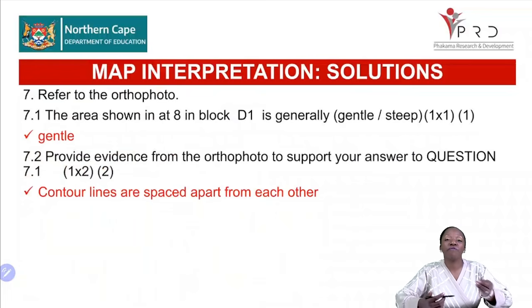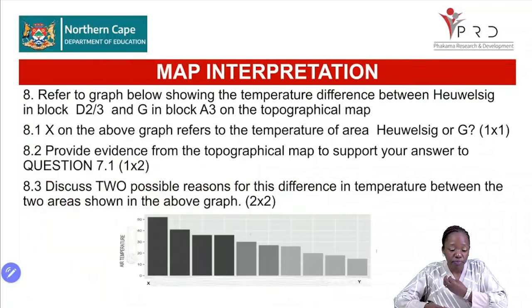We have learned from grade 8 as well as grade 9 that when the contour lines are far from each other, it means the slope is gentle, and when the contour lines are close to each other, it means the slope is steep.